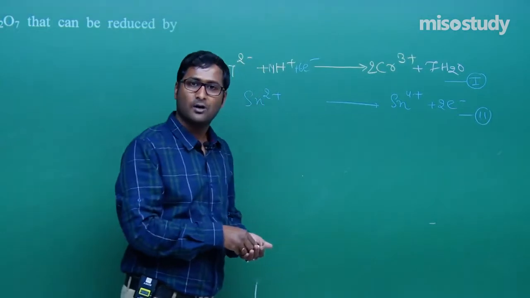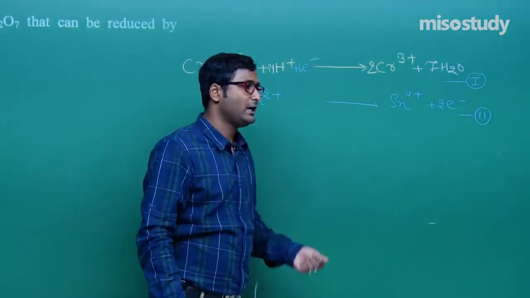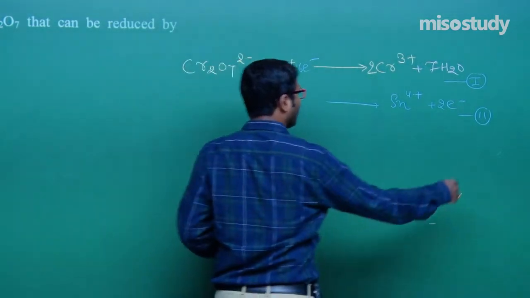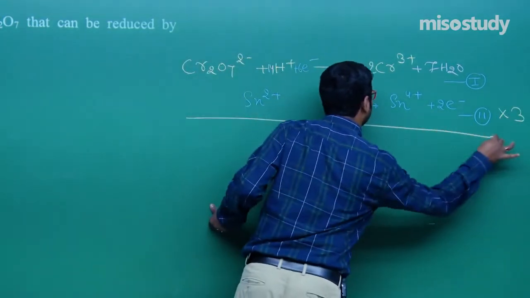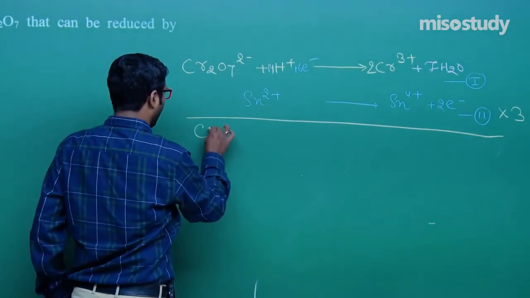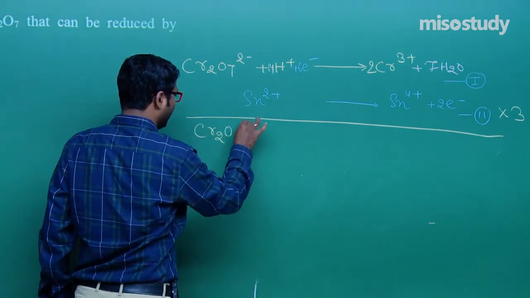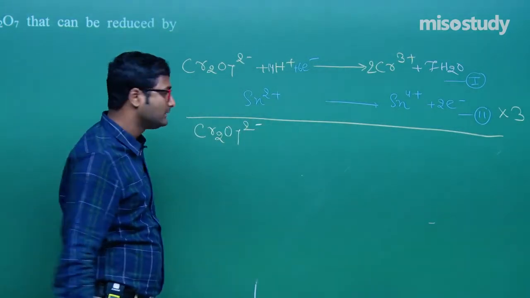Now balance the number of electrons, the total gain and total loss of electrons, multiply by 3 here. Now what will happen? After adding, we will get the output: Cr2O7 2-, clear?